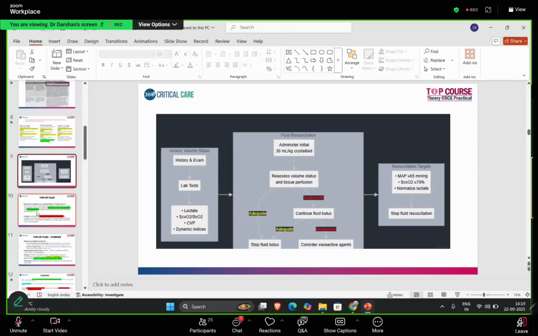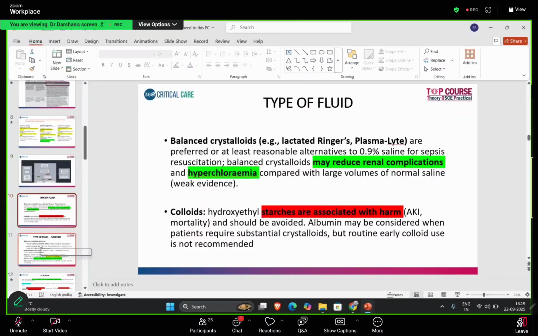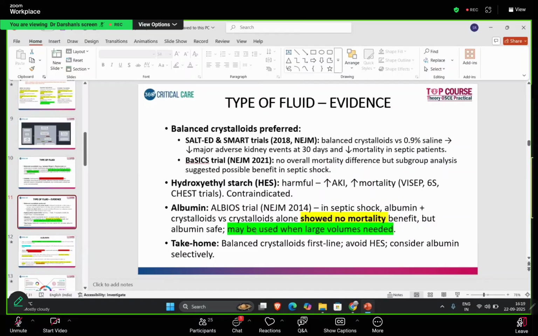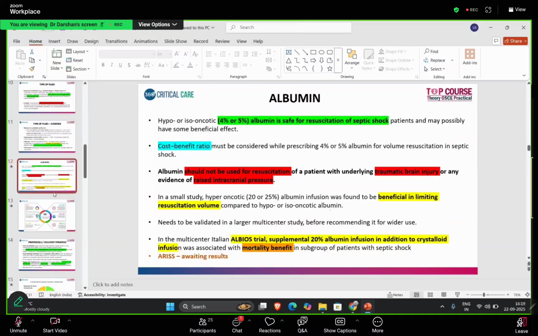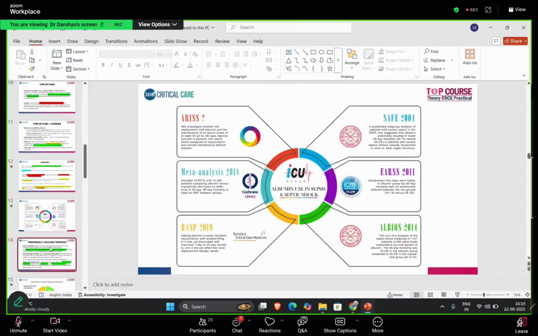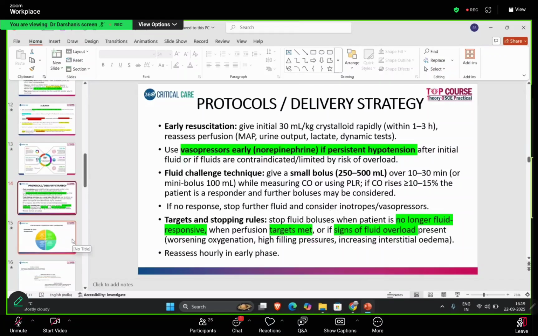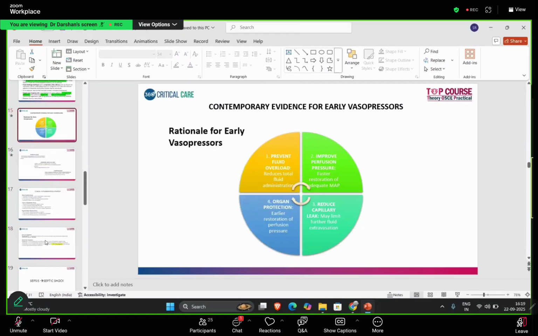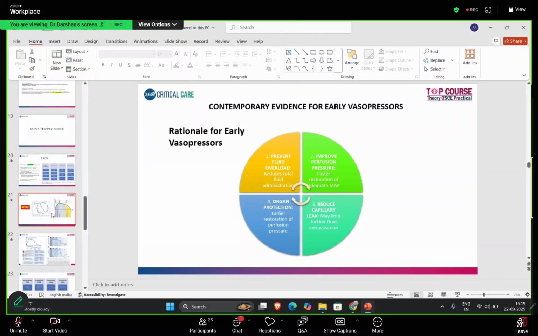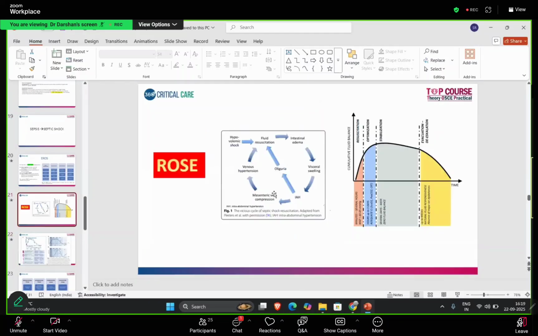Again, write a small paragraph on type of fluid. What is the choice and what are the trials? Again, albumin, no major benefit as of now in terms of mortality. Probably it reduces the risk of AKI. A protocolized approach is what you want. Early vasopressor therapy. When you are talking about protocolized therapy, you can talk about the ROSE concept.